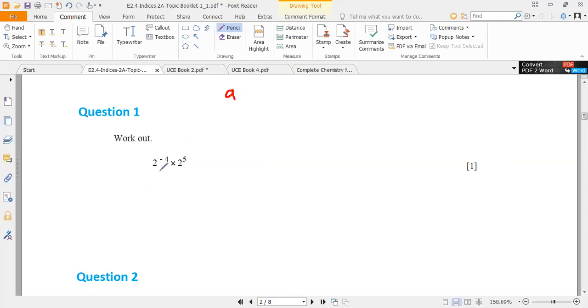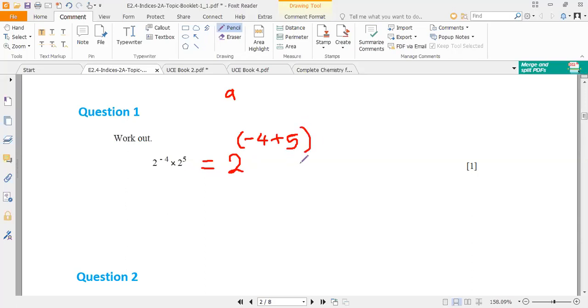We are multiplying 2 power negative 4 with 2 power 5, positive 5. You can see that the base is the same, which is 2. So if you work this out using the laws of indices, it will be 2, keep the base the same. Since we are multiplying, we just add the powers.